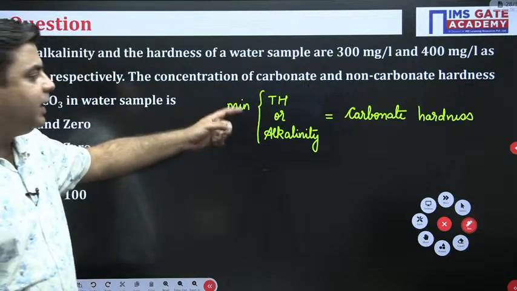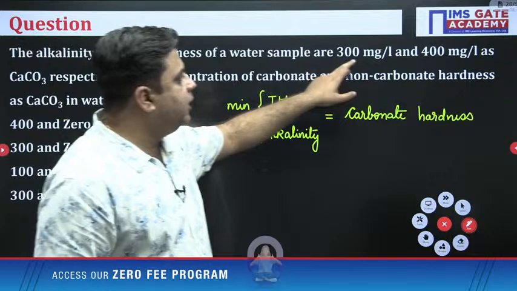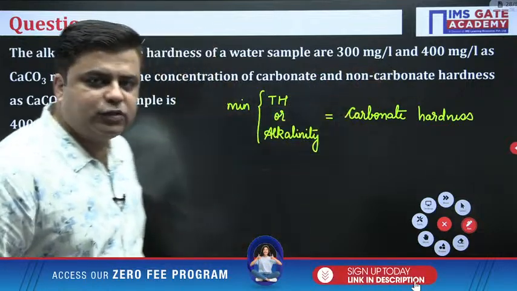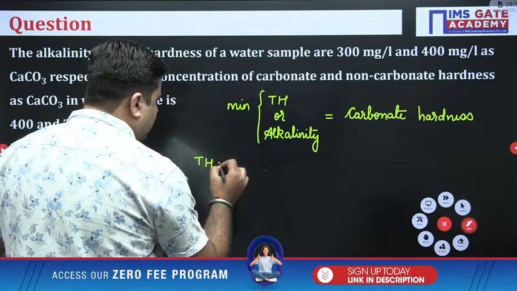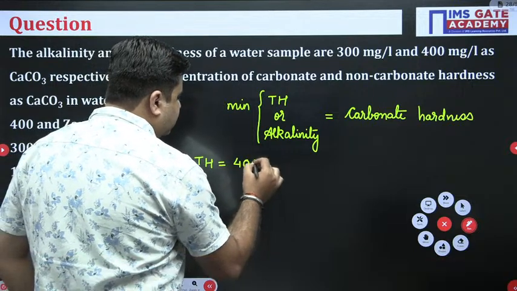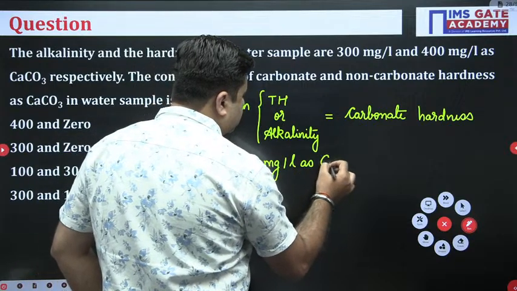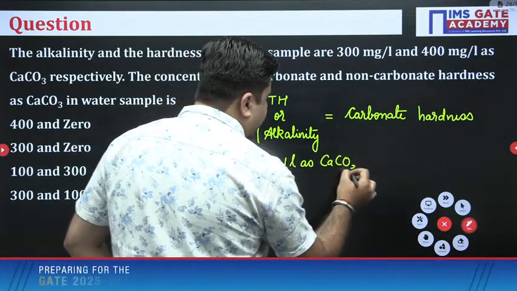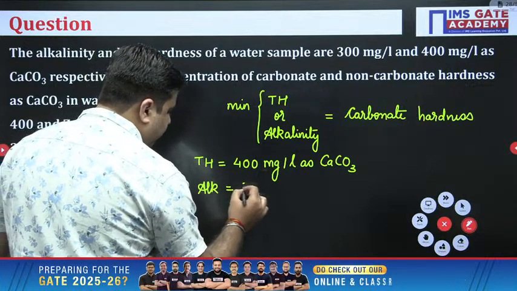So just compare alkalinity and total hardness. Alkalinity is given as 300 milligram per liter and total hardness is 400 milligram per liter, as CaCO3.